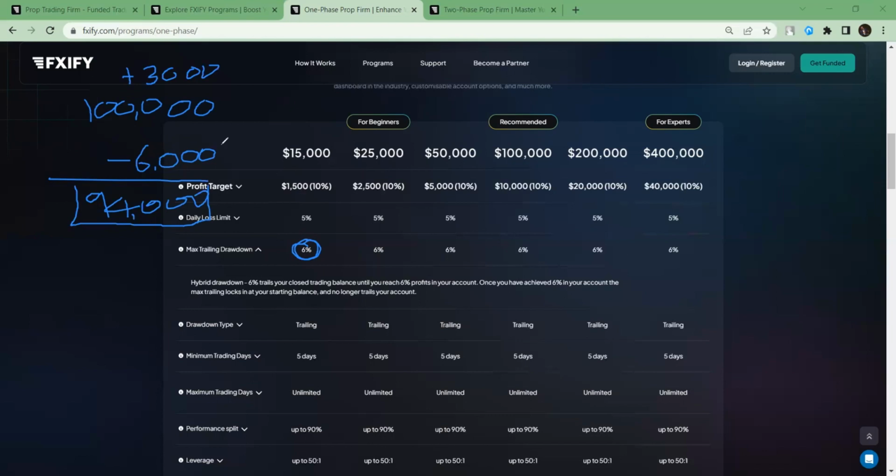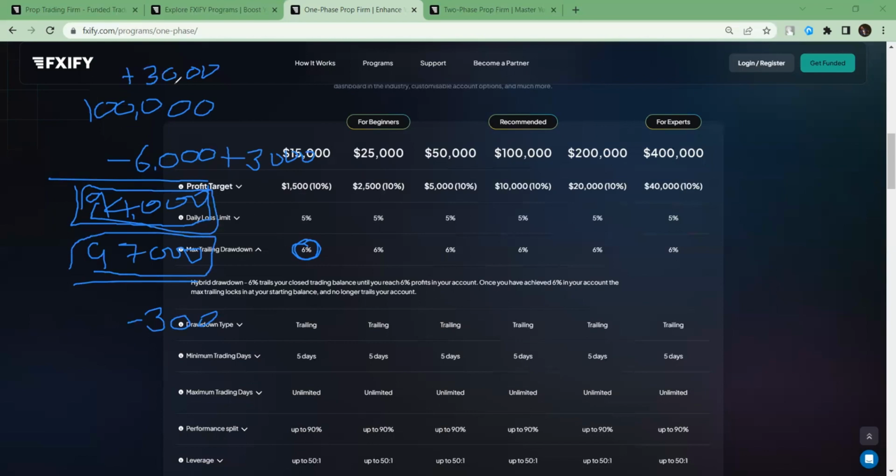It means we're going to add 3,000 to this, which will give us 97. So your trailing stop will move from 94 to 97. This is when you make 3% profit.